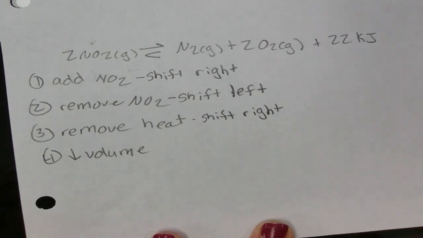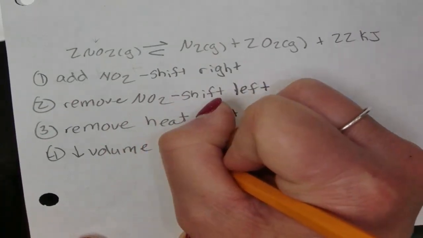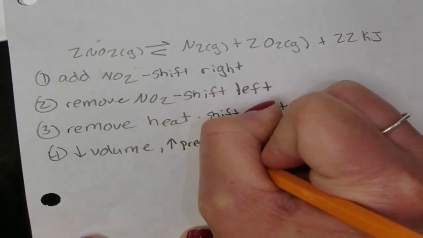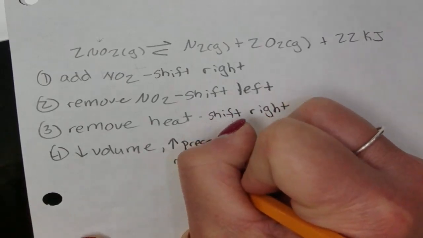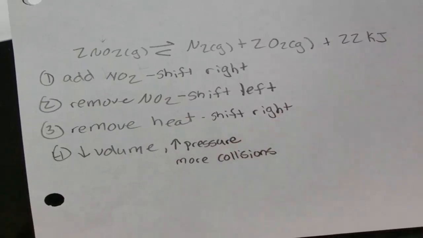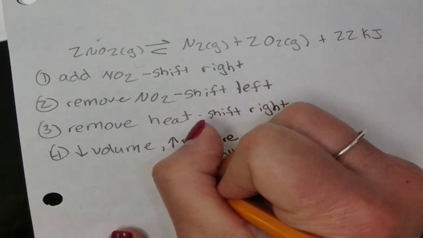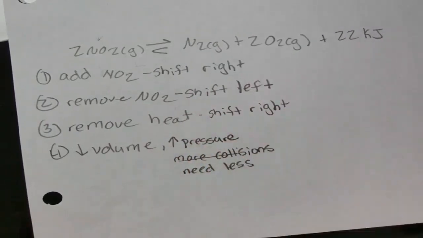If I decrease volume, a decrease in volume means an increase in pressure. An increase in pressure, more collisions. If I have more collisions, I want to get back to where I was. I need less collisions. So I'm going to shift towards the side with the fewer moles of gas.